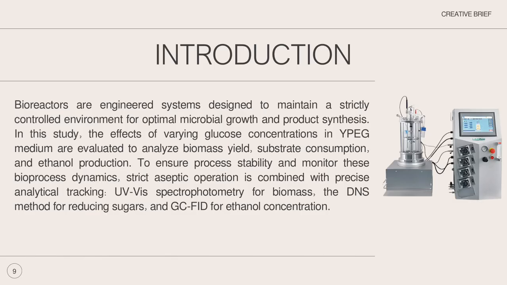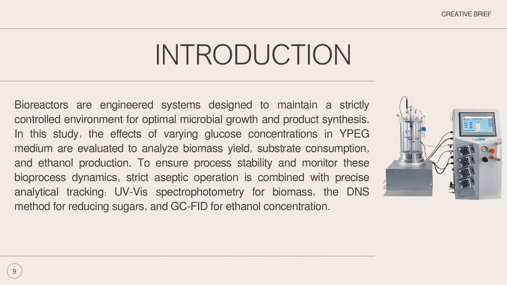To give you a quick overview, bioreactors are specialized systems engineered to maintain the perfect controlled environment for microbial growth and product synthesis. In this specific study, we are looking at how changing glucose concentration in the YPEG medium affects three key areas: biomass yield, substrate consumption, and ethanol production.